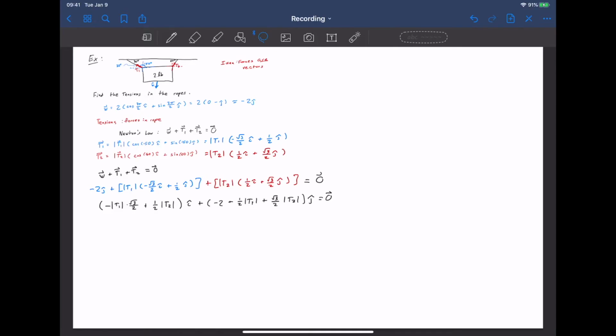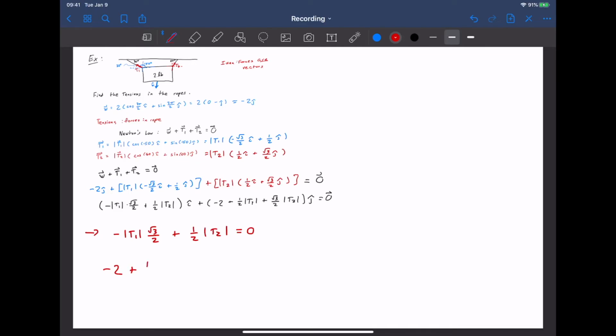So what we can do is say that therefore negative T1 root 3 over 2 plus 1/2 T2 equals 0. The I stuff and the j stuff.